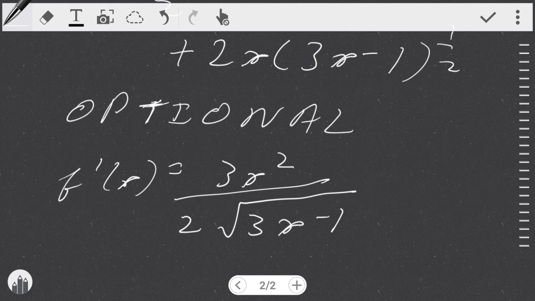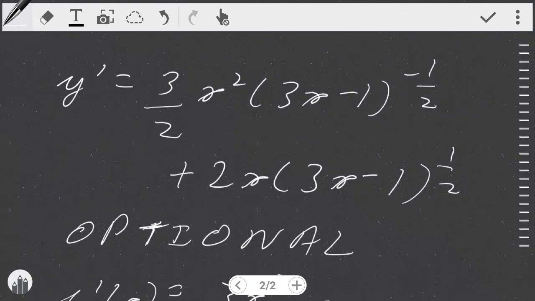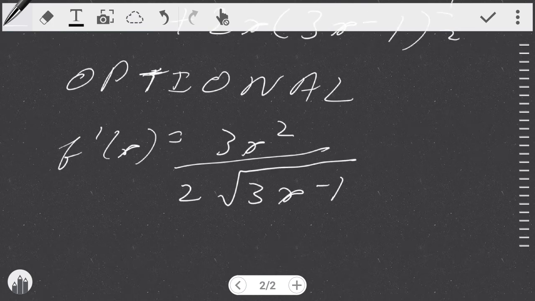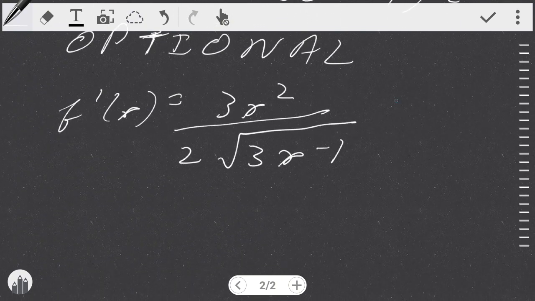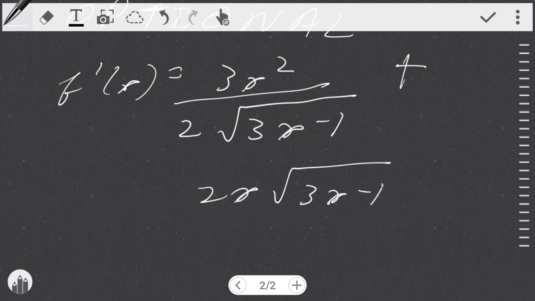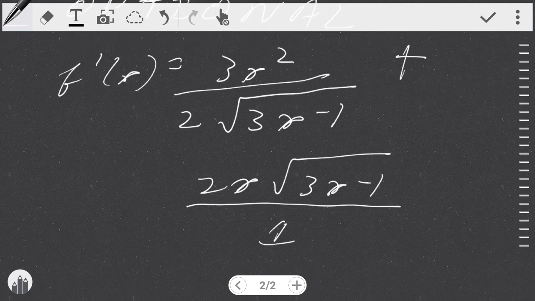The reason this is below is because whenever you have a negative half power, it literally means reciprocal, and you put the square root on the bottom instead of the top. Then you add that to 2x square root of 3x minus 1, which is actually over a 1 in the denominator, so it's not just floating in thin air.